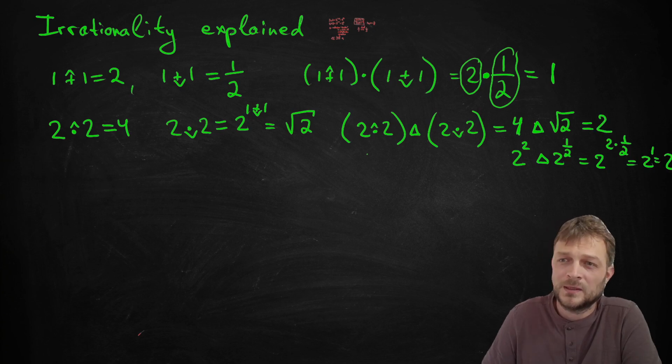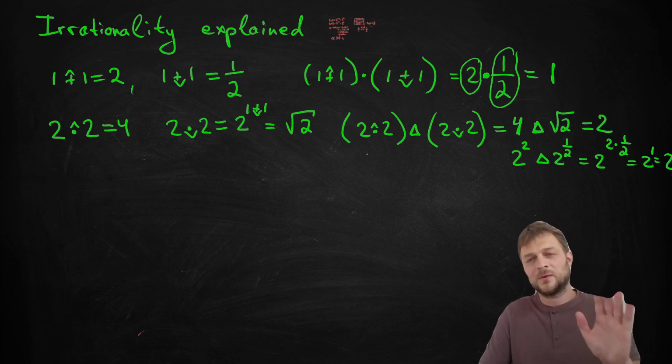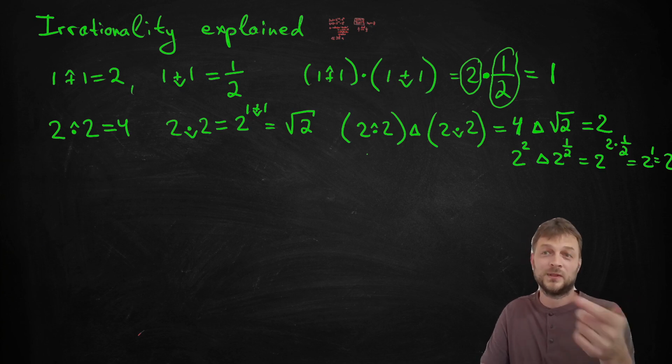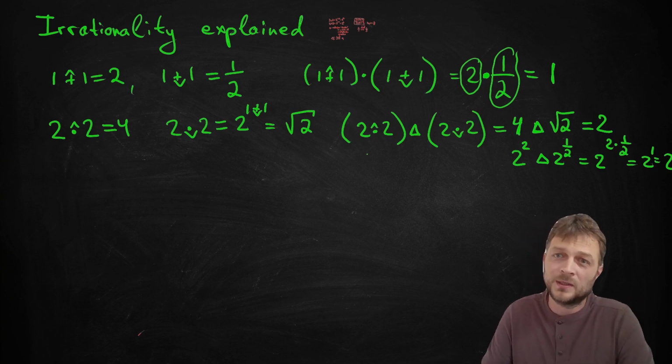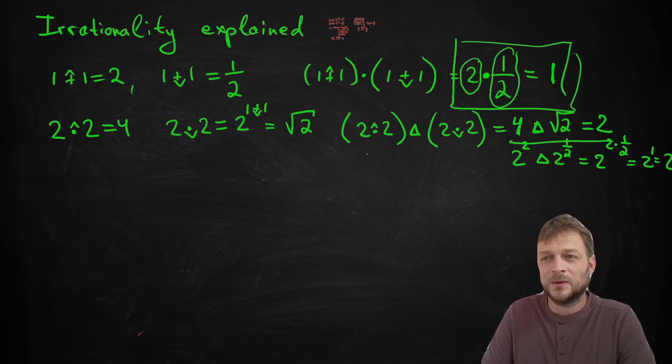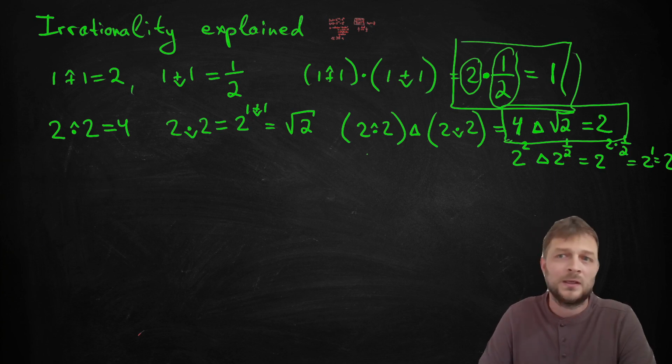So this is equal to 2, but 2 is our discrete unit for multiplication. So this is equivalent to this one. So what we see here is that the square root of 2 with respect to triangle is a fraction of 4.